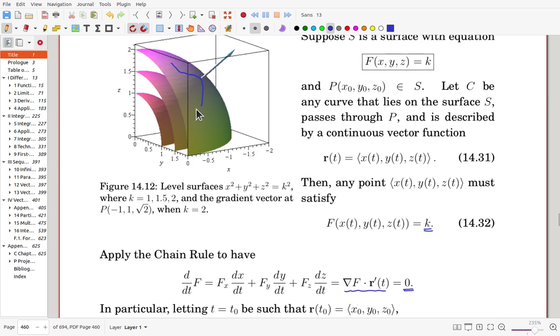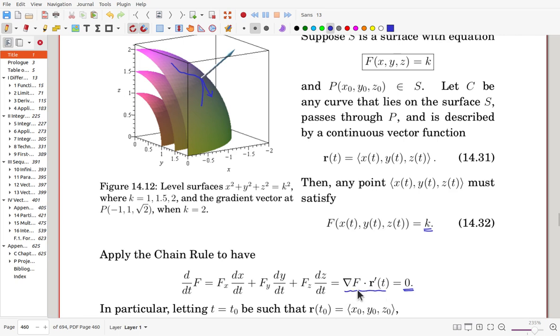Now the curve is on the surface, so at this point, r prime is on the surface. So if you make a tangent plane, then r prime will be on the tangent plane. And this is a vector on the tangent plane, and now with gradient f, the dot product is 0.